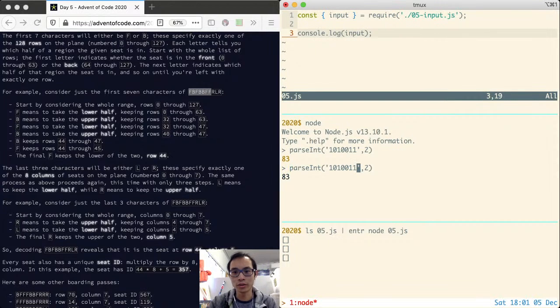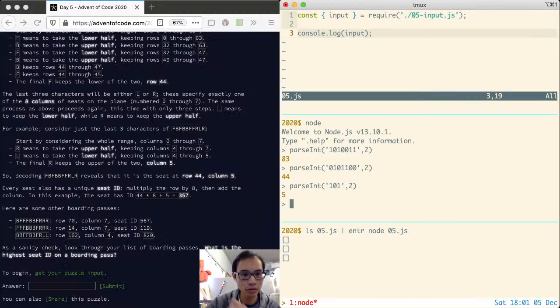No, the other way around, right? The last 3 characters we've left, right, is exactly one of 8 columns, numbered 0 to 7. Right, left, right. Okay, let's try this thing. Right is... lower half is left, so 101, column 5.